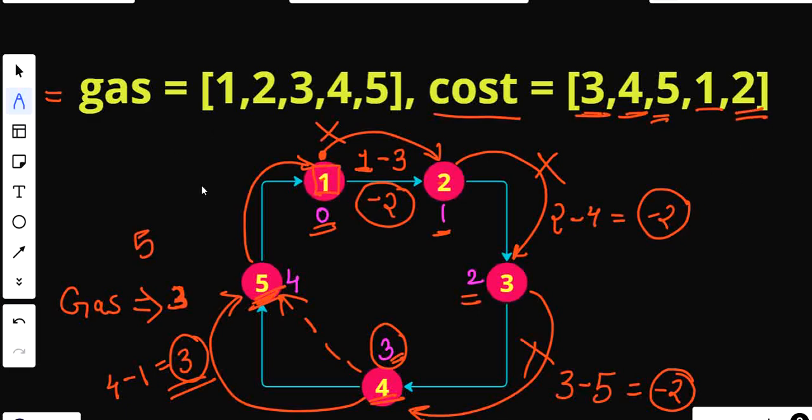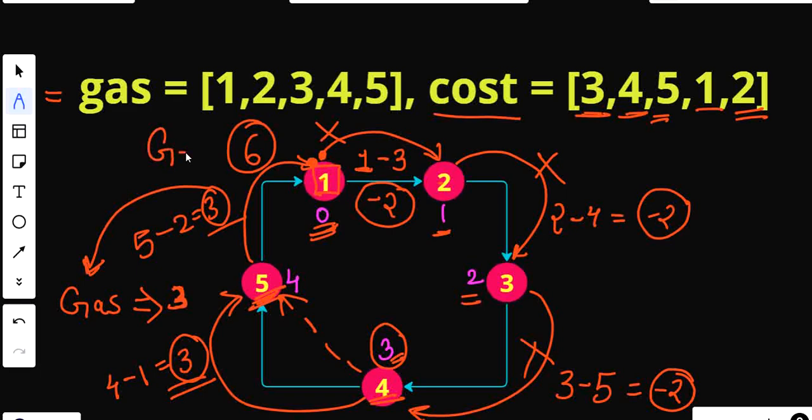So I will do 5 minus 2, which is again 3. So which is positive, and I will add this up in my existing quantity. So by the time I will reach this place, this 0 index, the amount of gas that my vehicle is having is 6, right? So this is the current status.